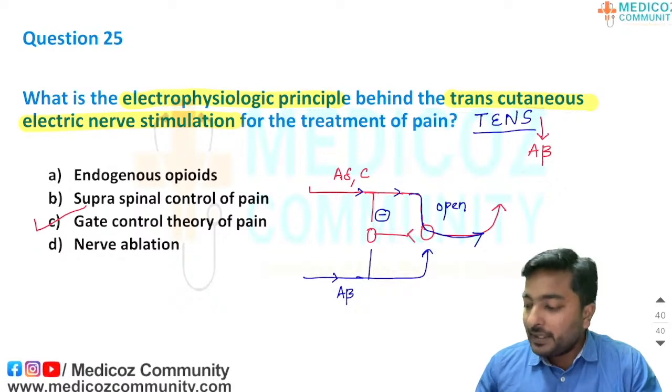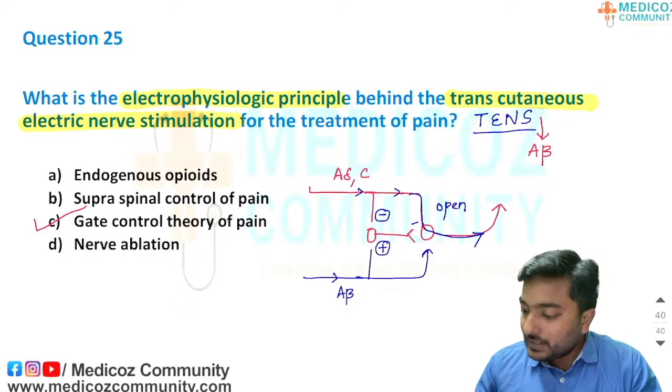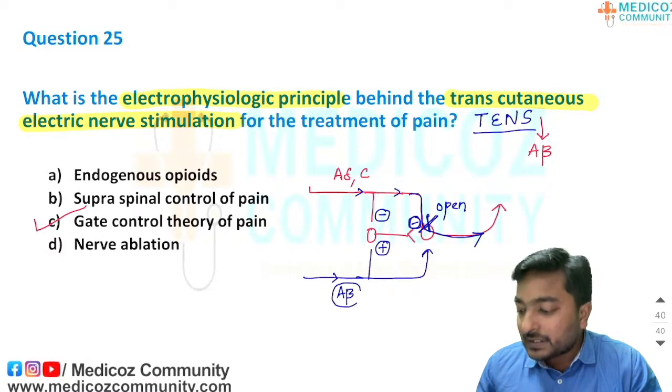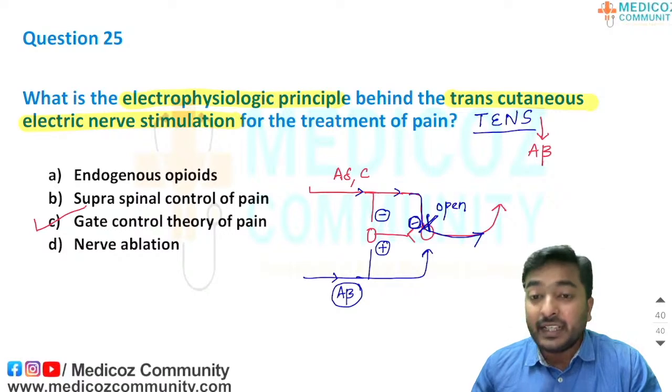Now these A beta fibers activate the inhibitory interneuron, so that it tries to inhibit the sensation carried by the pain fibers. So now the gate is closed. This is how simultaneous activation of the large diameter fibers controls the gate for the travel of pain.